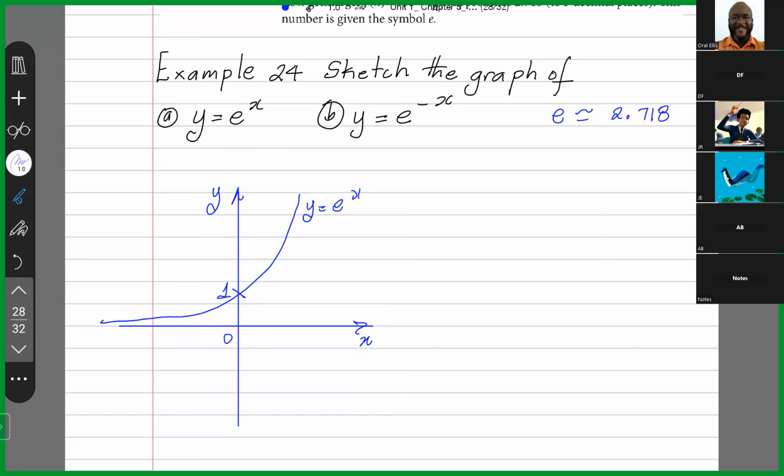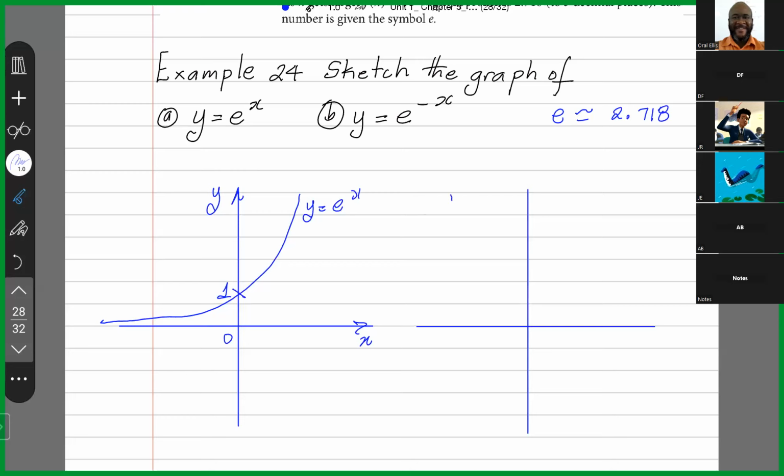That's what the graph of y is equal to e to the x would look like, because e is a positive real number greater than 1. And the graph of y is equal to e to the minus x is similar to this graph, but it's almost like a reflection of the other graph in the y-axis.